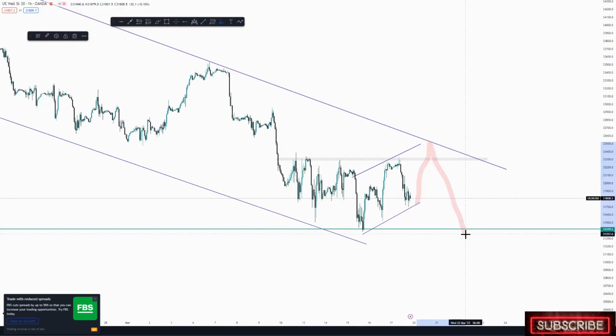This is my sell scenario. Also that minor level over there, if you look at it carefully. Or if that does not happen, then it will be best if we go up, get the retest, and then we take our buys to the upside.